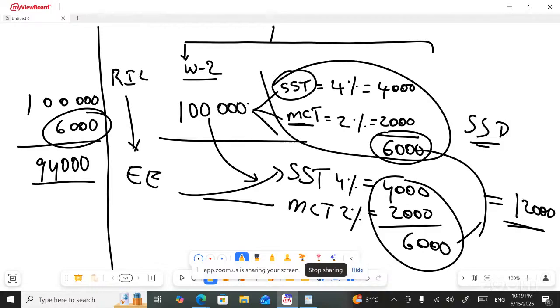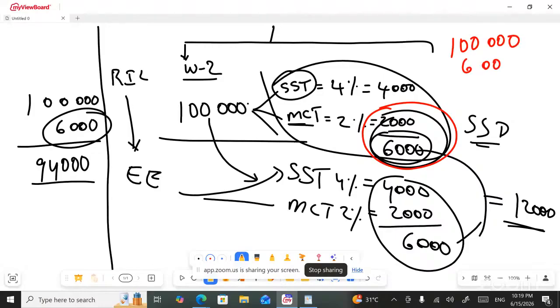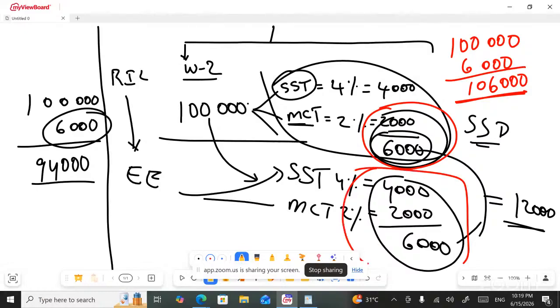Finally, the employer is also additionally paying 6,000 from the pocket of the employer. Total cost to the employer: 1 lakh salary, additionally 6,000. Total burden 1 lakh 6,000 to the employer. The employee is also paying 6,000 from his own pocket.